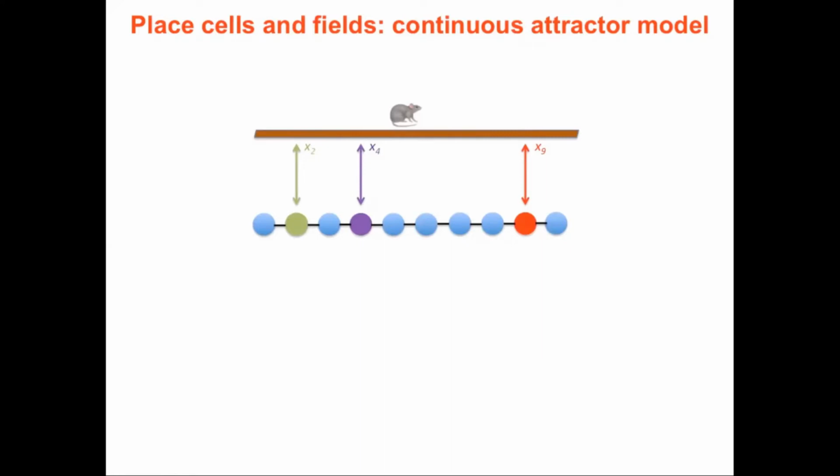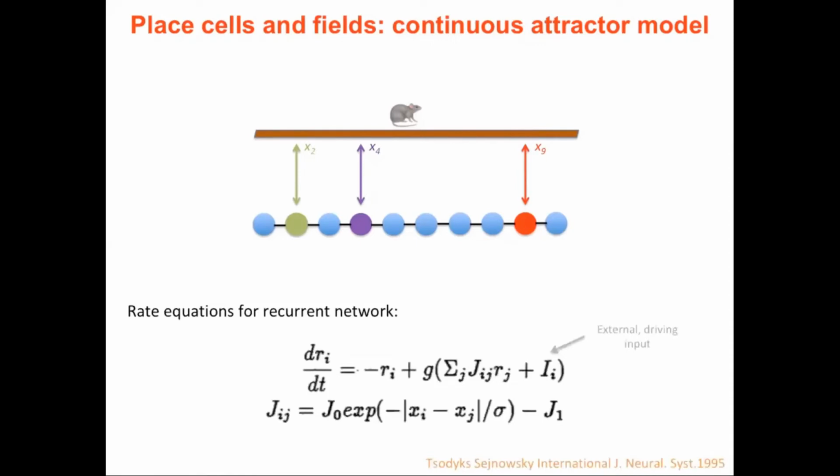So how can we actually build a simple model where this place cell will have some activity dependent on the position of the animal? The model was proposed by Tsodyks and Sejnowski about 25 years ago. And here is how you can actually describe the model. So each cell will have an activity state, Ri, which corresponds to a firing rate, which is a positive or null variable. And the variation over time of Ri will correspond to some rest value here. You have some relaxation decay towards the rest value Ri equal to 0, a silent cell.